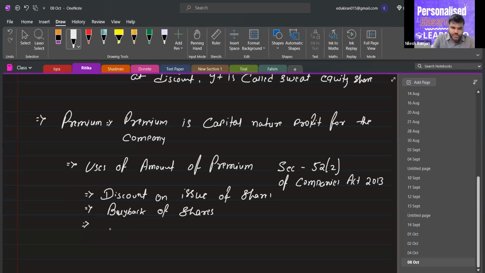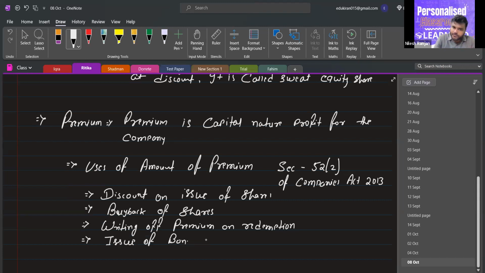So, buyback of shares, writing off of premium on redemption, issue of bonus shares, writing off of preliminary expenses, and issuing shares at discount, which is already discussed.